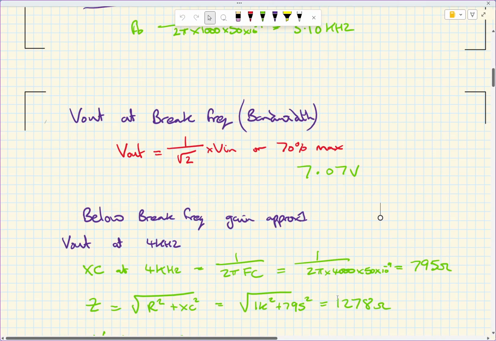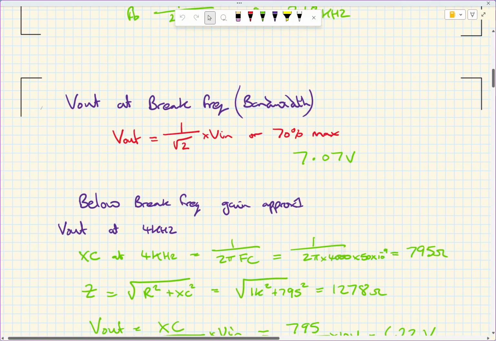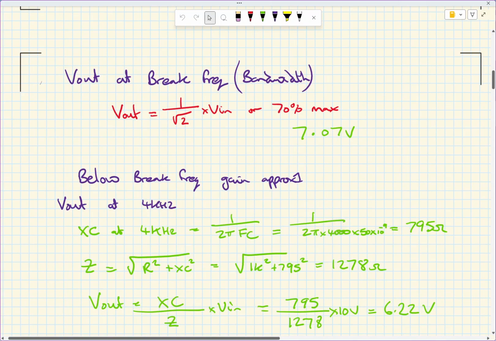Okay, so we've got the reactance of the capacitor, and we've got the combination of our reactance and resistance, called impedance. So we can now use those two together to work out what our output is going to be.